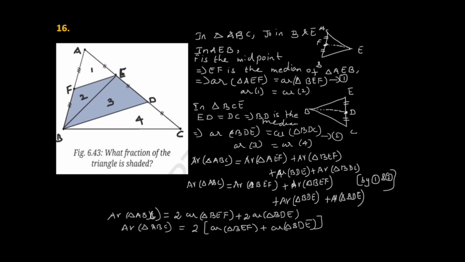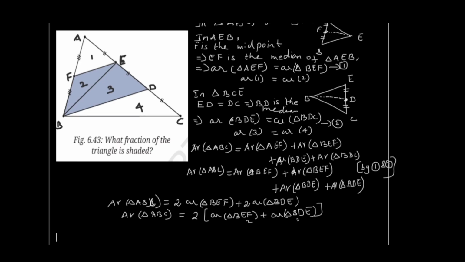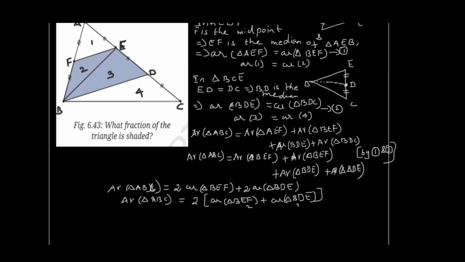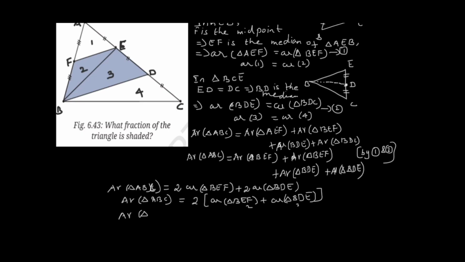When we are combining, this is part 2, this is part 3. When we combine 2 plus 3, we get a trapezium shape. So area of triangle ABC is equal to twice area of BDEF.